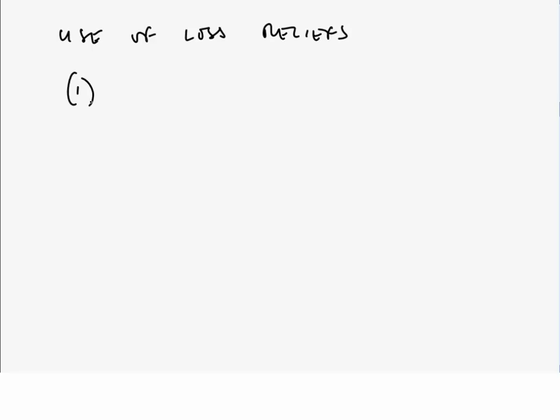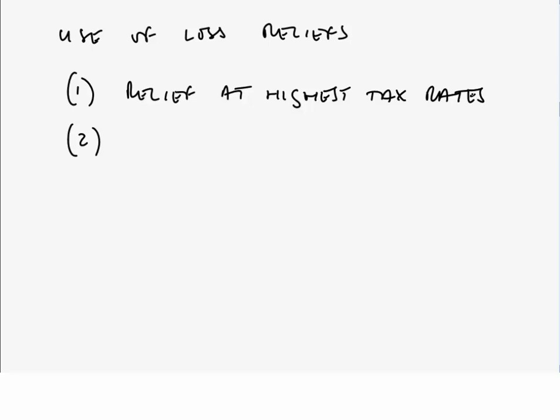Now, in terms of order of importance, I would suggest to you here, the first two are equally important, and that is you'd like to gain relief at the highest tax rates. As we have just explained, I would rather take out income that would have been taxed at 40% than to remove income that would have been taxed at only 20%.